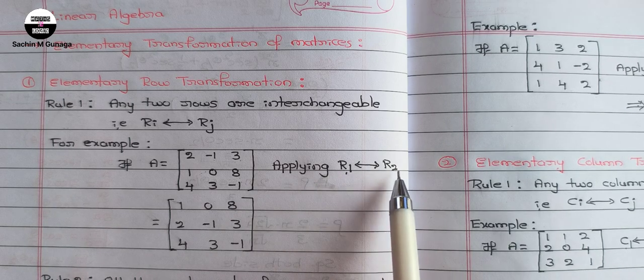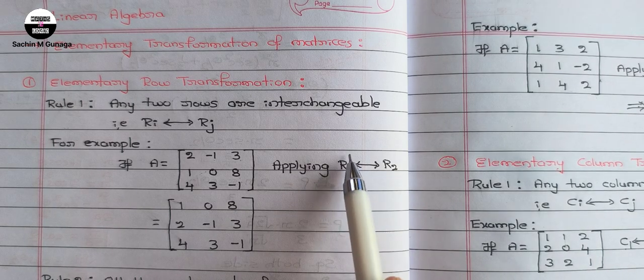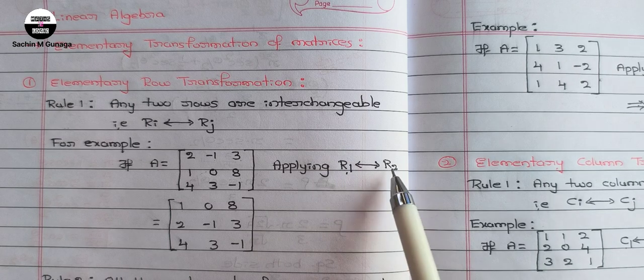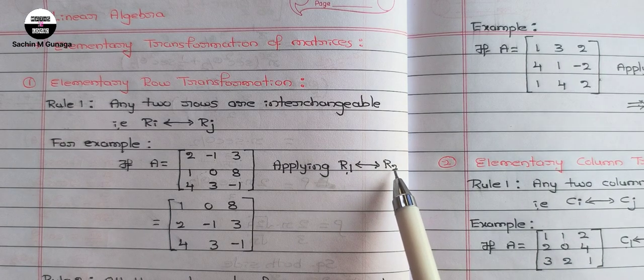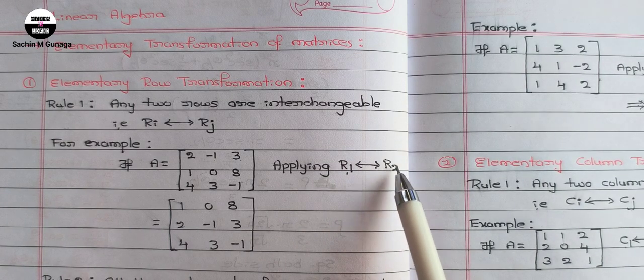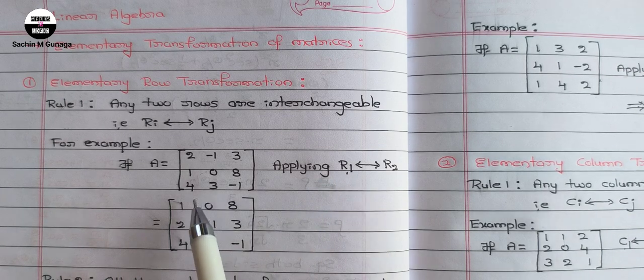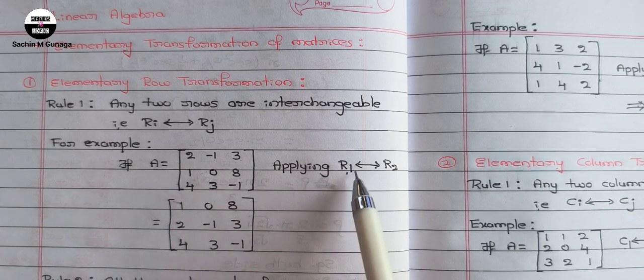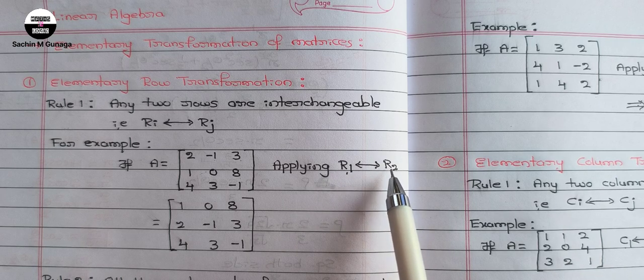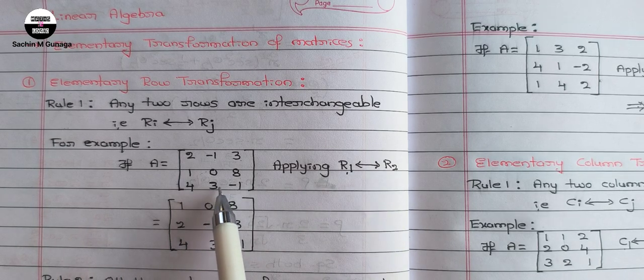Applying R1 interchanges to R2 means in place of R1 we write the R2 elements, and in place of R2 we write the R1 elements. Clear? So now if I apply this R1 interchanges to R2, keep R3 as it is, 4, 3, minus 1.